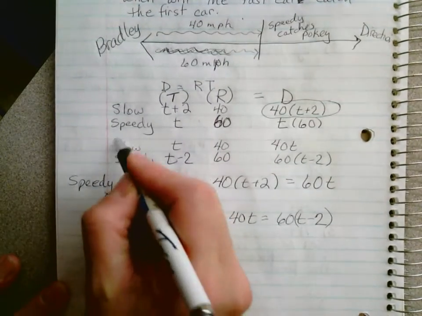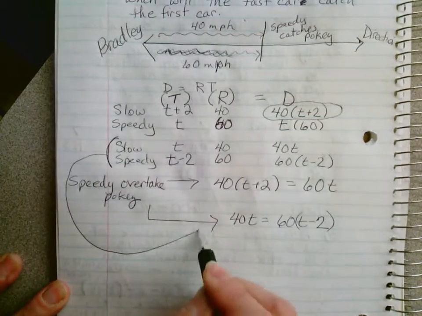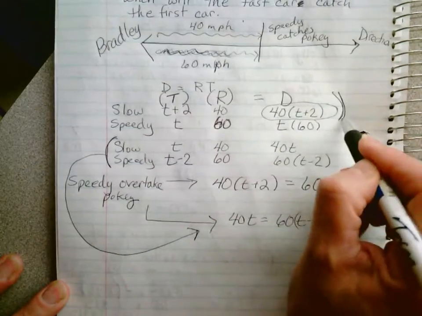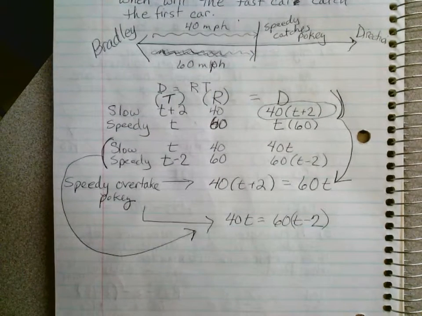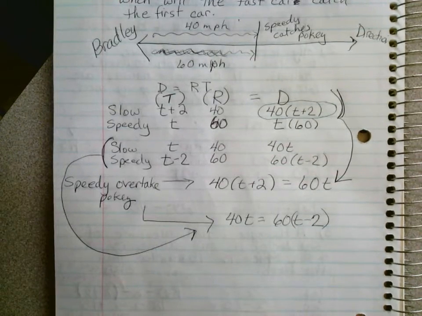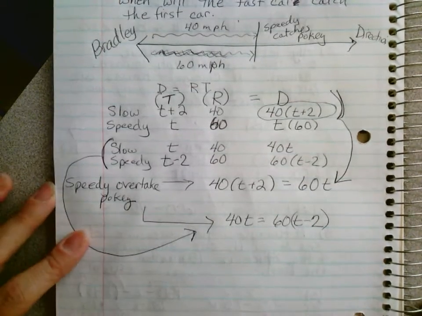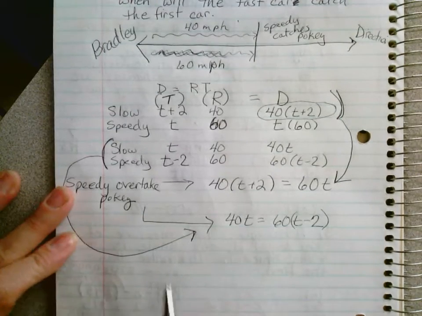Whether you use Speedy had 2 hours less time or Pokey had 2 hours more time. Either scenario refers to the same thing. Again, it goes back to me being older than you or you being younger than me. It says the same thing. Last one, and this one's nice and short.